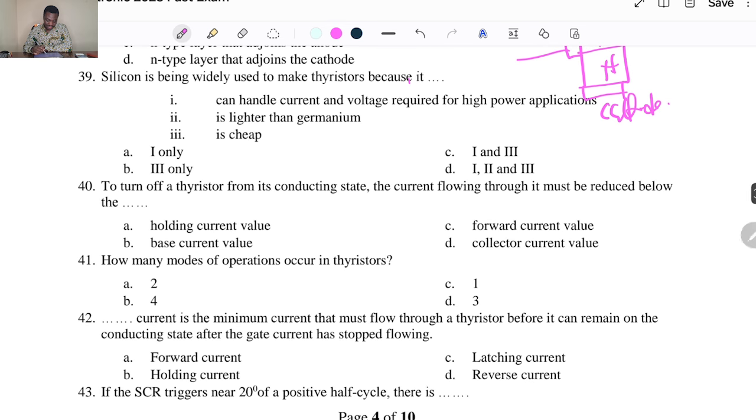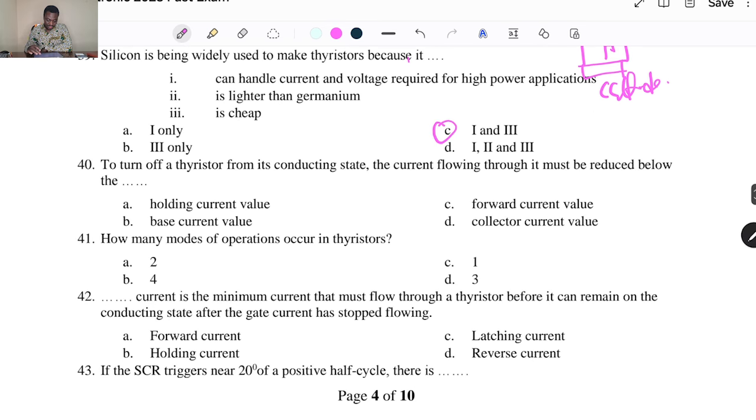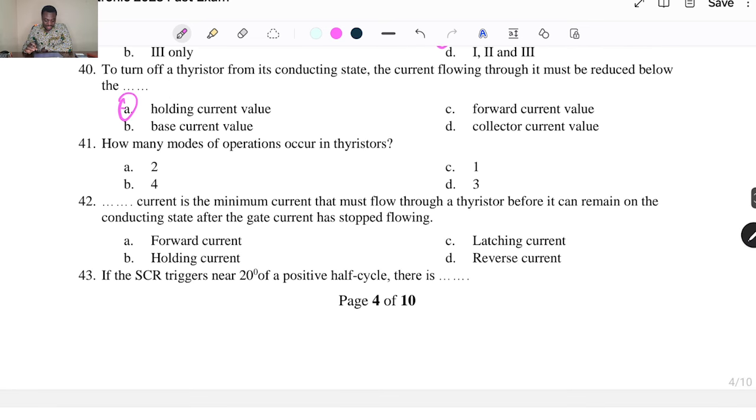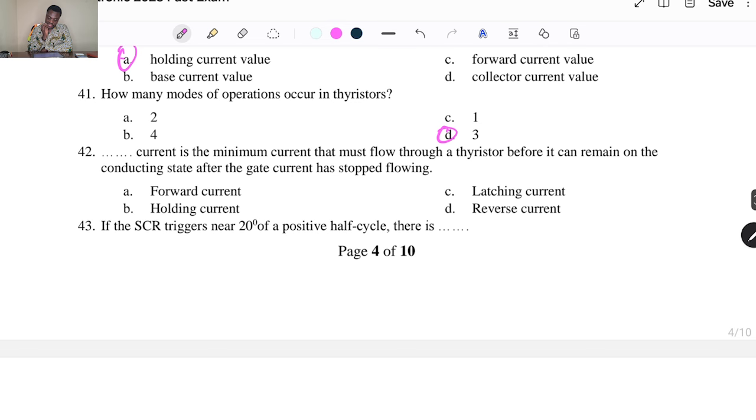It's because it can handle the high power. Then, to turn off a thyristor from its conducting state, the current flowing through it must be reduced below the holding current, right? The holding current. How many modes of operation occur in thyristors? We have 3.